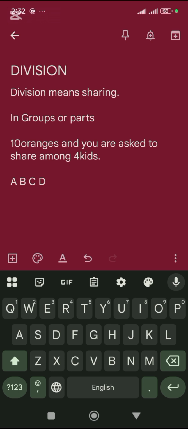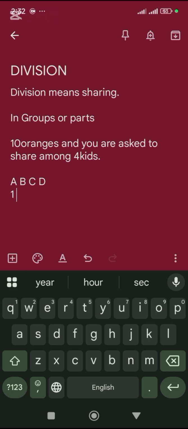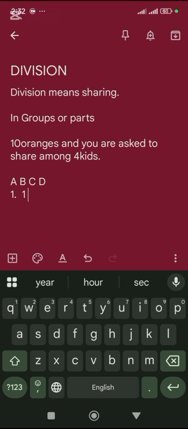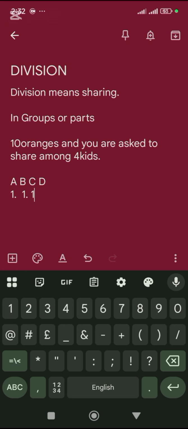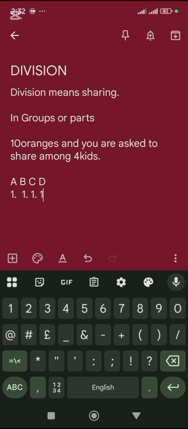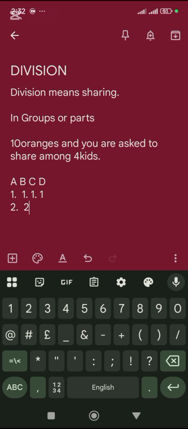You start by giving 1 orange to A, then the next orange to B, then another orange to C, and another one to D. Then you give a second orange to each group.